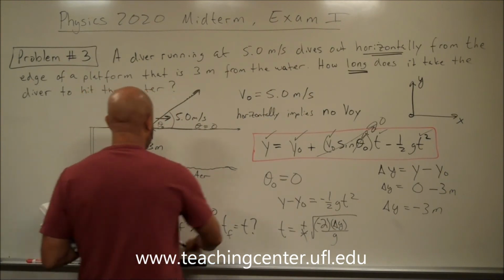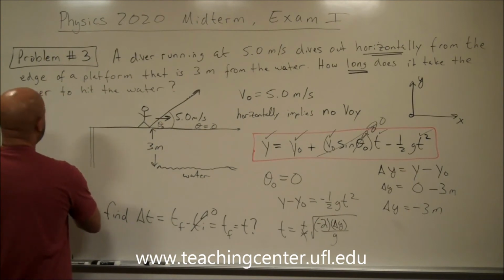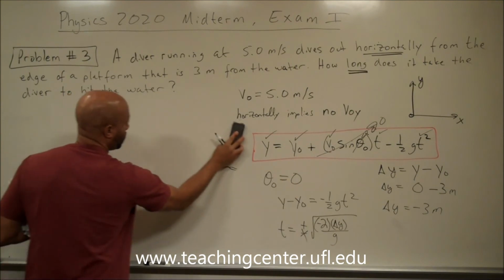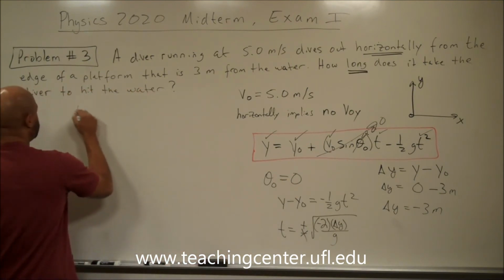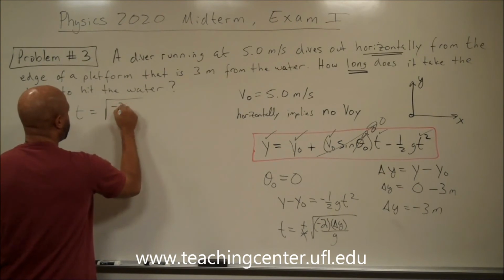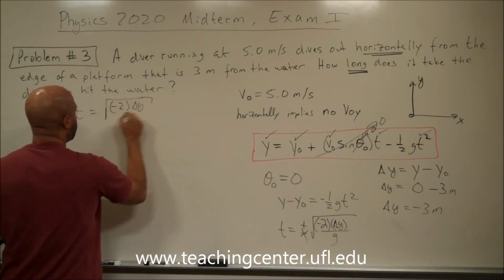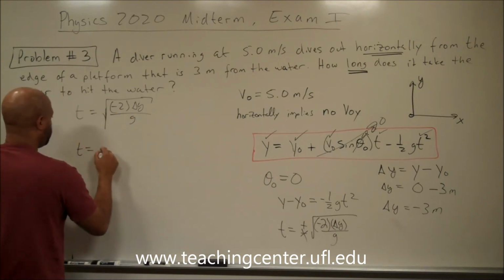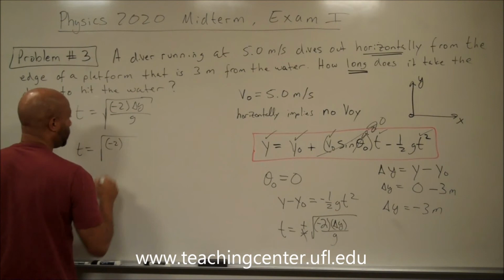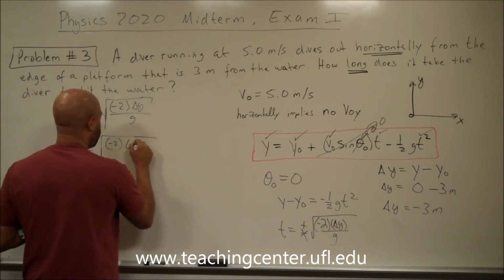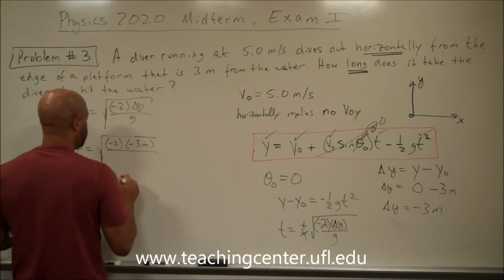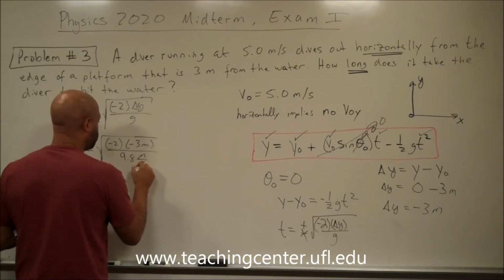So let's do that. We've got t is equal to the square root of negative 2 times delta y over gravity. Delta y is minus 3 meters, and g is 9.8 meters per second squared.